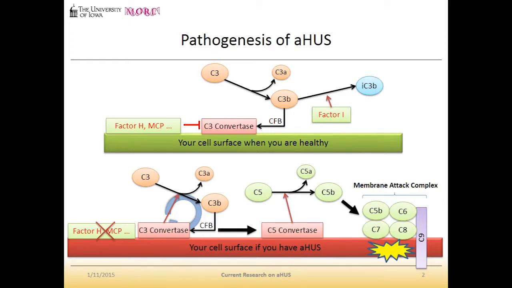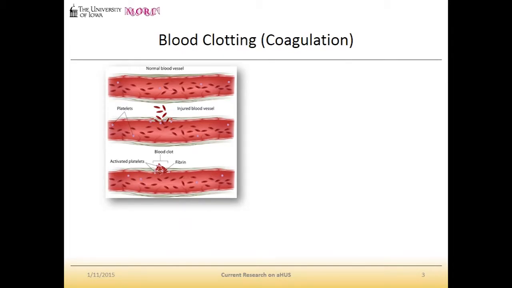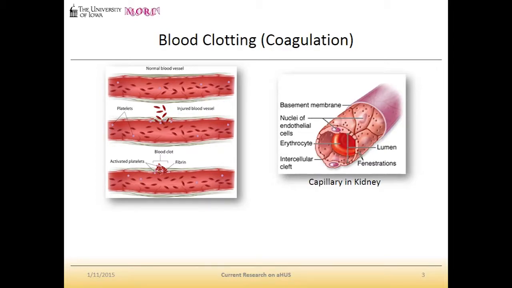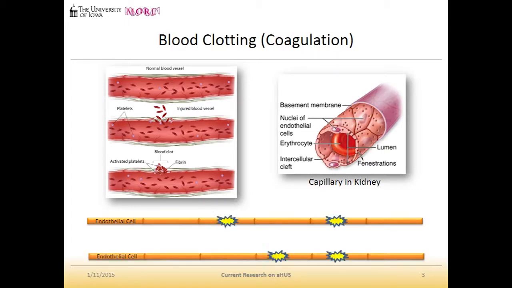Then what happens next? We all know that if a blood vessel is broken, you will bleed. To stop bleeding, a process called coagulation happens. Basically, the coagulation system generates blood clots on the damaged area to stop the bleeding.